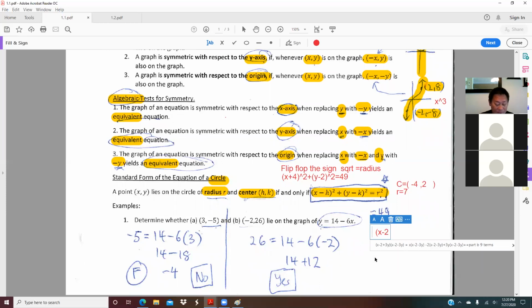So (x plus 5) squared plus (y plus 1) squared equals 8. A little bit more tricky here. So go ahead and tell me what is the center and the radius of this circle.